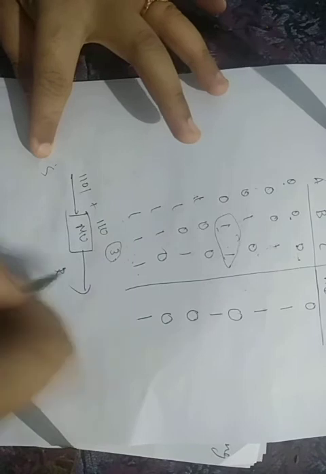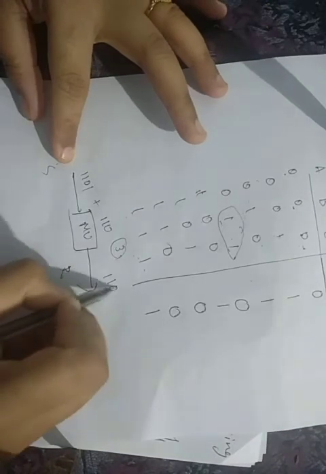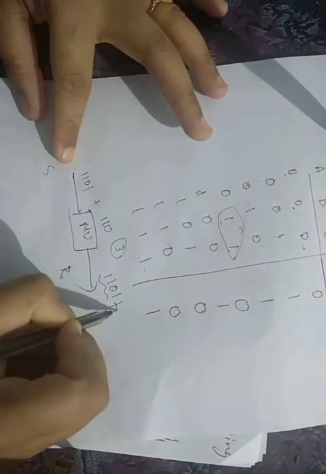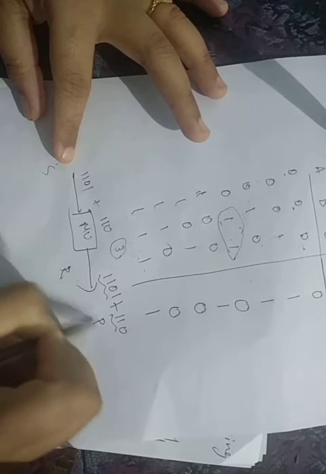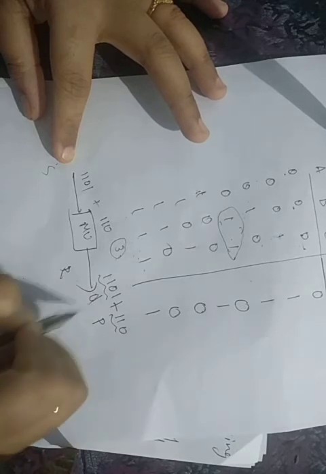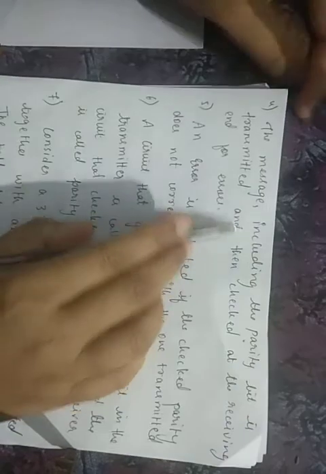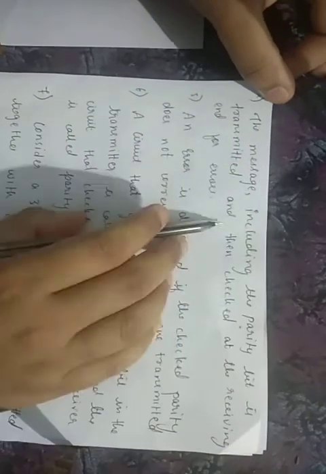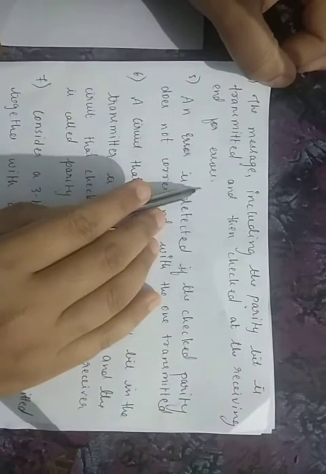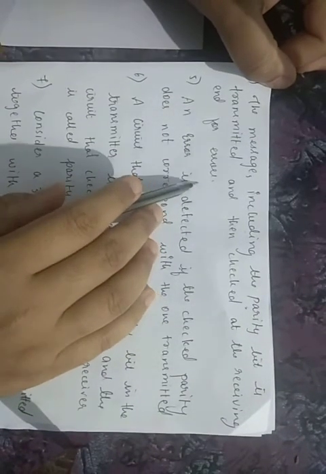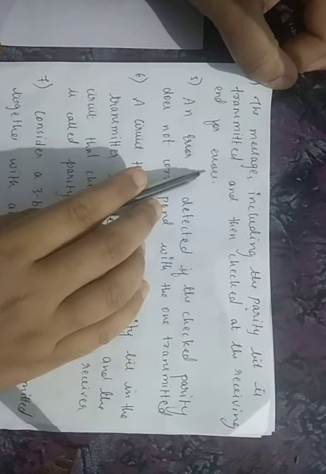So at the receiving end, everything is received: 1101 is the original data plus 110, which is nothing but parity. Original data or data word plus parity. The meaning of this point is that the message including the parity bit is transmitted and then checked at the receiving end for errors.